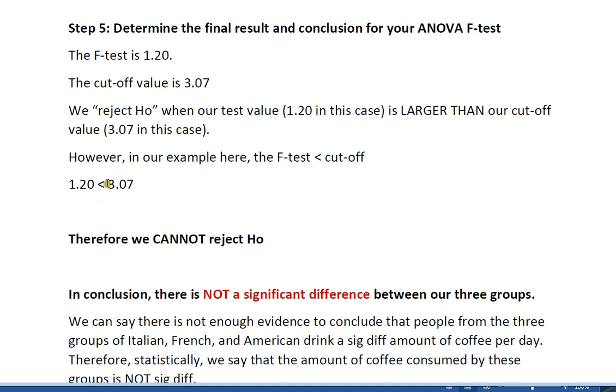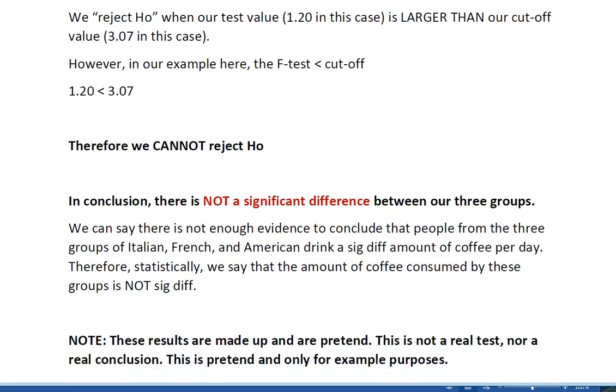Because 1.20 is less than our cutoff value, we cannot reject the null. So in conclusion, there is not a significant difference between our 3 groups. There's not enough evidence to conclude that people from these 3 ethnic groups, Italian, French, and American, drink a significantly different amount of coffee.